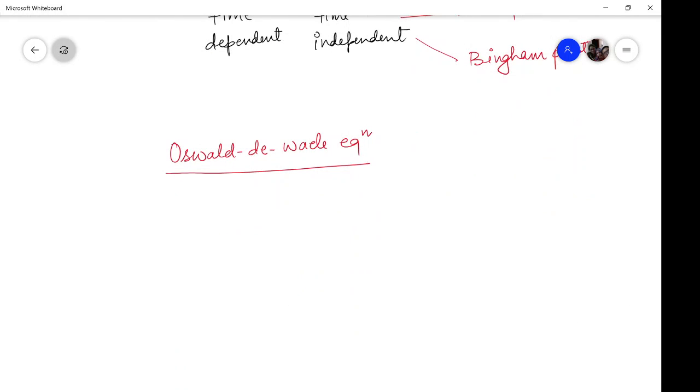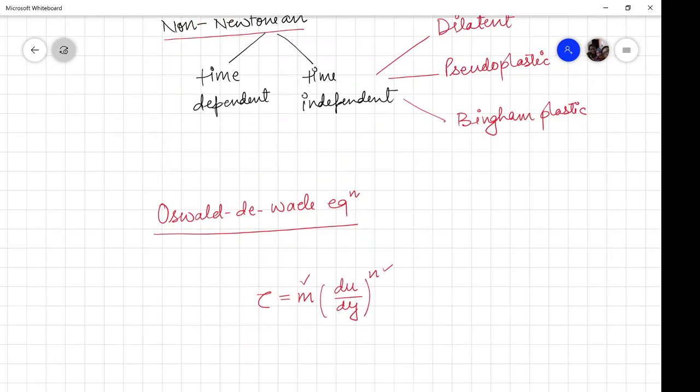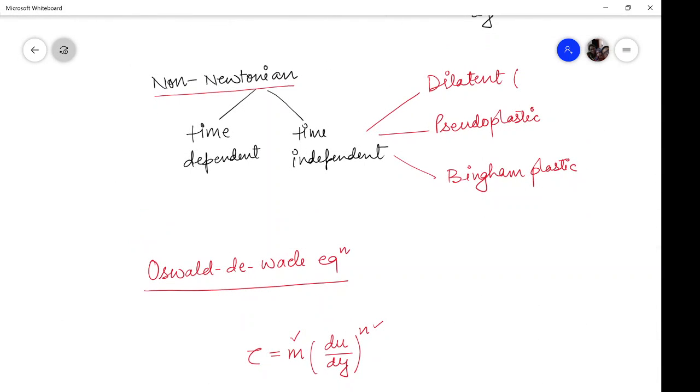This power law model is tau is equal to m (du by dy) to the power n, where n is the flow consistency index and m is the flow behavior index. And in case of dilatant fluid, this index is more than 1, whereas in case of pseudoplastic, this is less than 1.